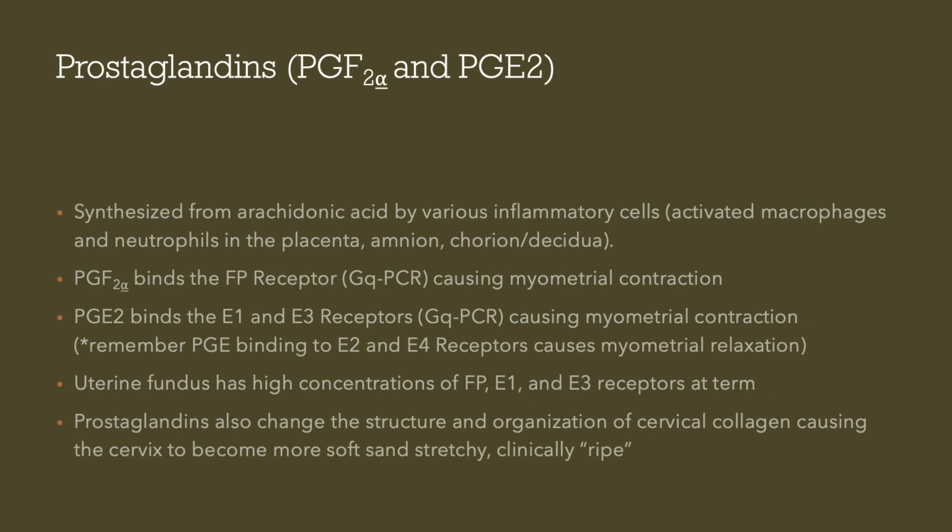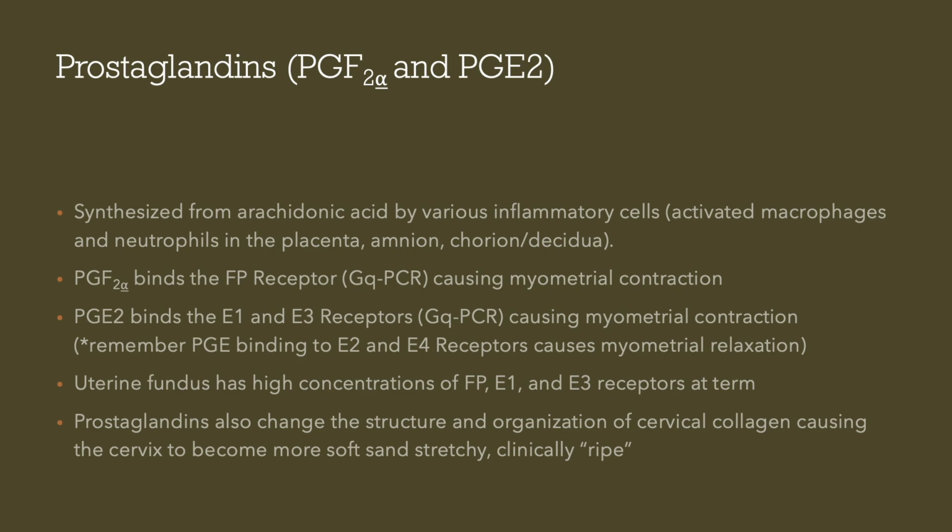There are various different prostaglandins, but the prostaglandins that we really focus on in pregnancy are prostaglandin F2 alpha, PGF2 alpha, and prostaglandin E2. So prostaglandins are synthesized from arachidonic acid by various, usually inflammatory cells. And in pregnancy, you want to think about activated macrophages and neutrophils in the placenta, the amnion, and the chorion decidua.